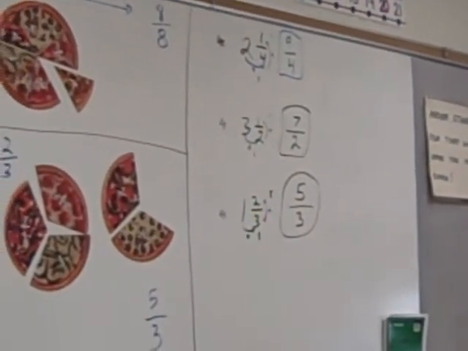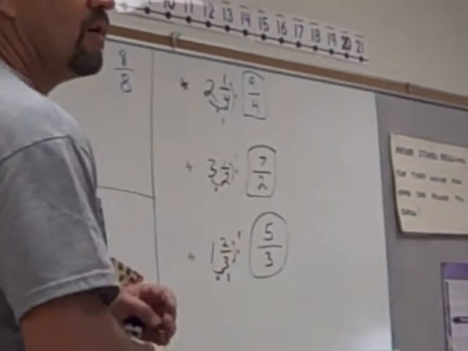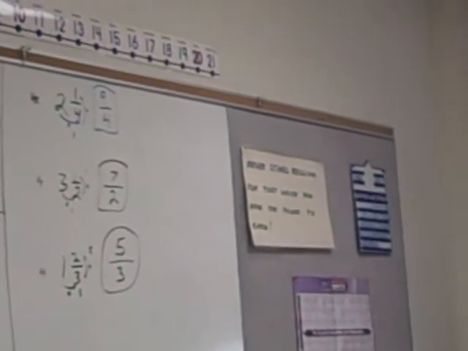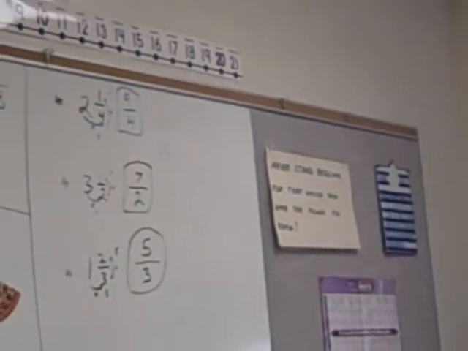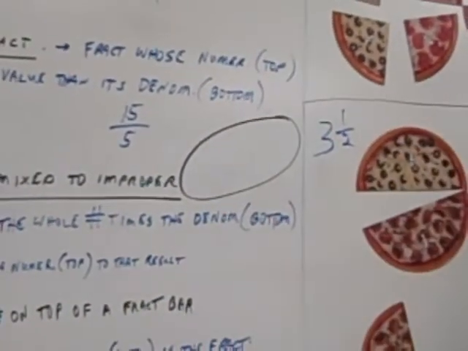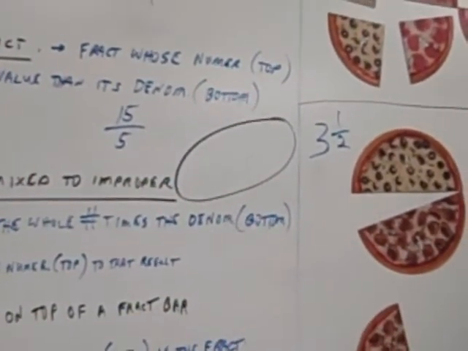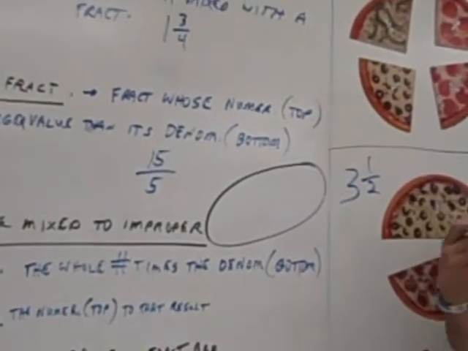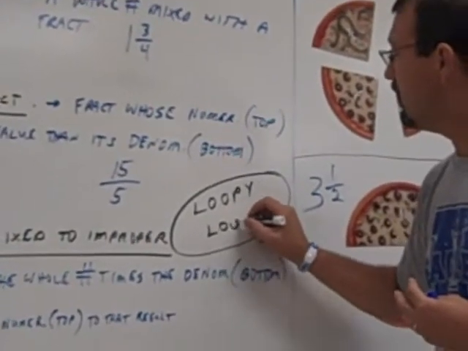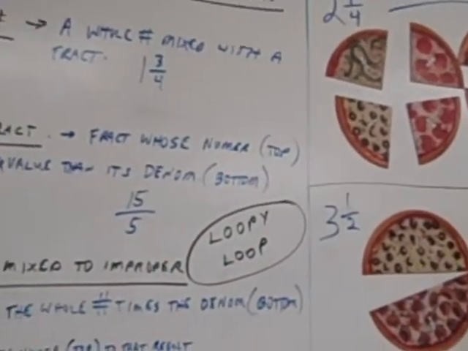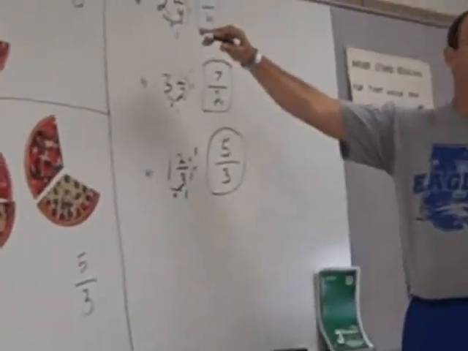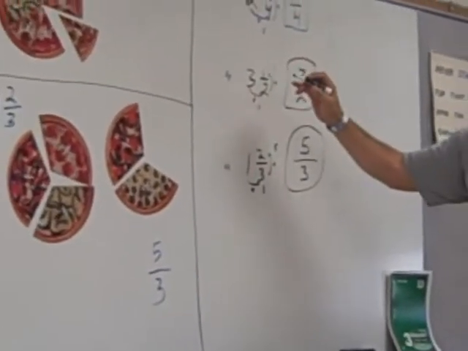This has a name to it that Coach Jordan gave it. You'll never find it in a math book. I call this process right here, this is the name of the process so my students can remember it. This is called the loopy-loop method, because we loop times and loop plus.